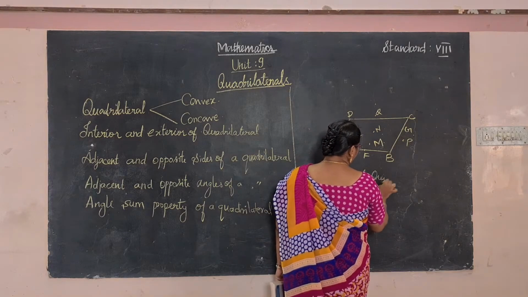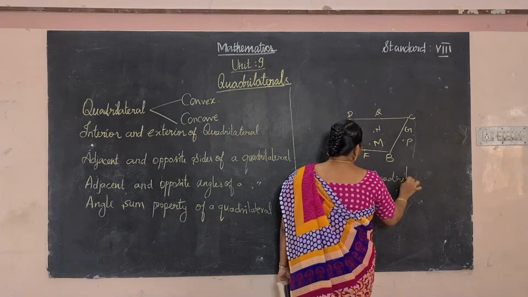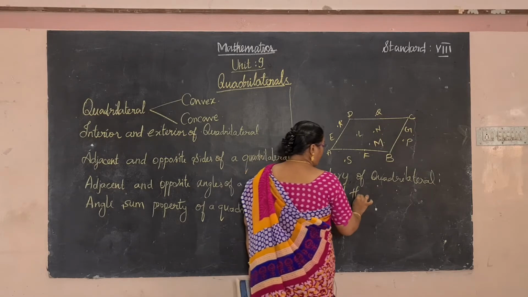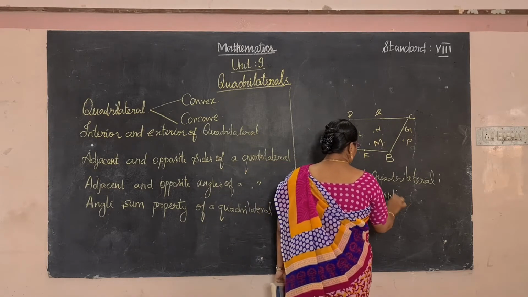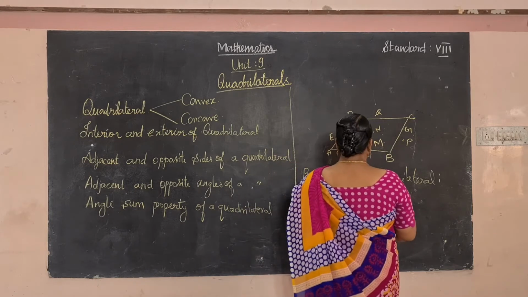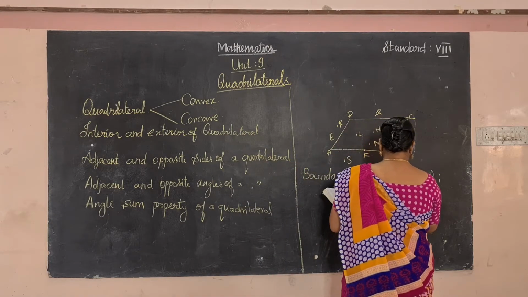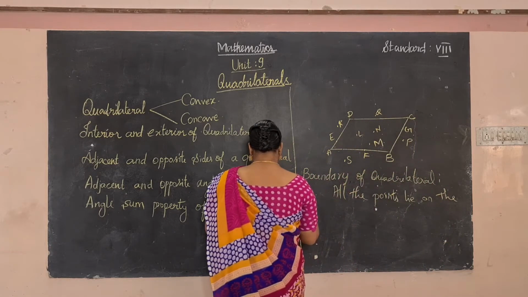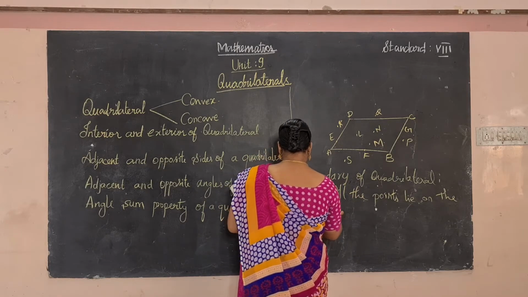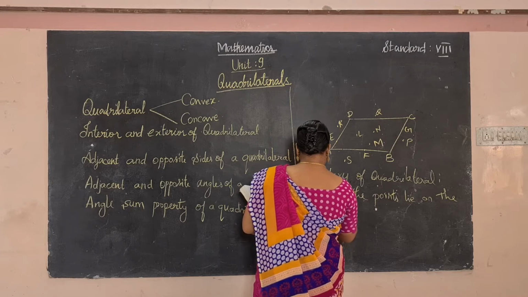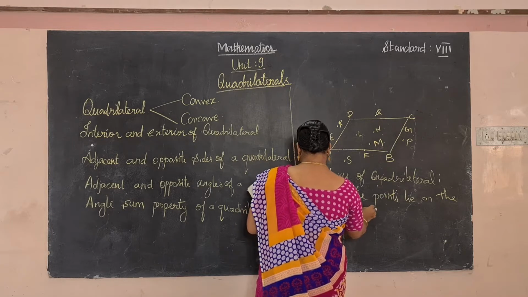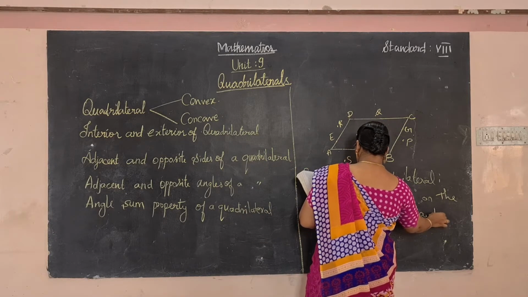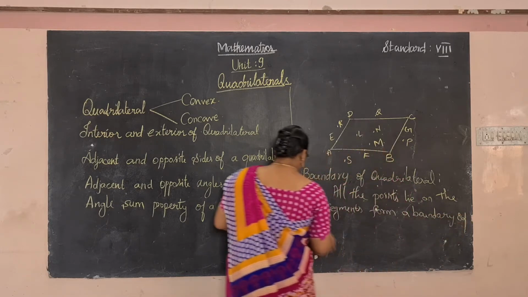Boundary of quadrilateral: all the points which lie on the line segments form the boundary of the quadrilateral.